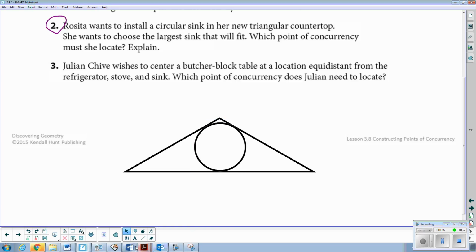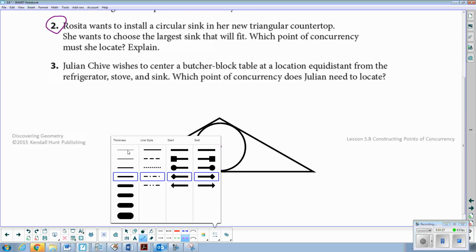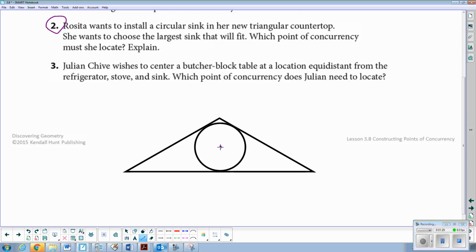All right, what do we notice about the center of this circle? Here's her circular sink. The center is probably about here. Might be a little bit off, but okay, so that looks like it's about the center. What point of concurrency is that? Well, if we look at the distance between each of the sides, this point here should be the same distance from all of these sides.